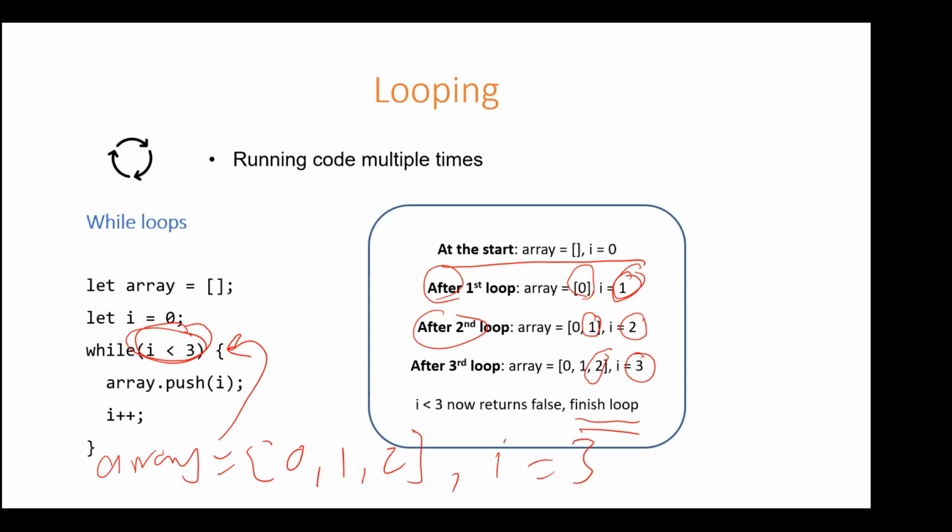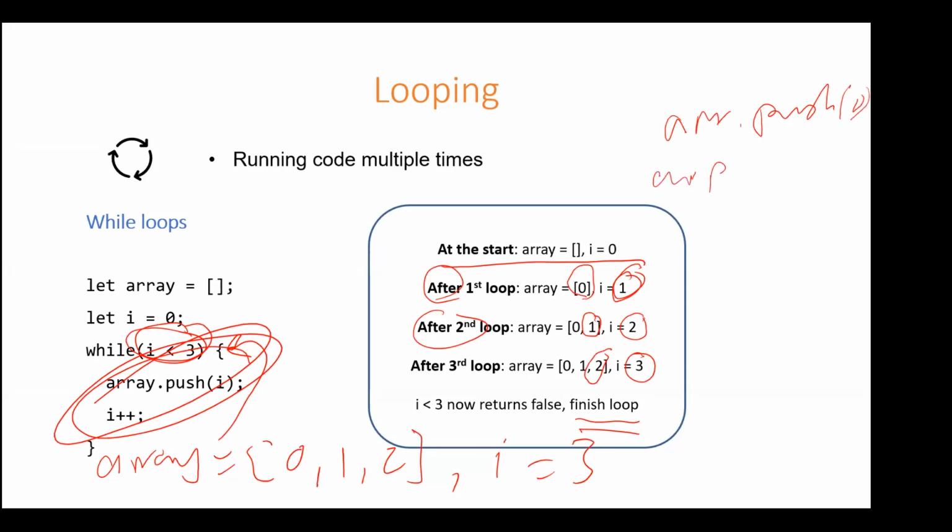So now you can see that this chunk of code here is run multiple times. You don't have to keep doing array dot push 0, then array push 1, array push 2.